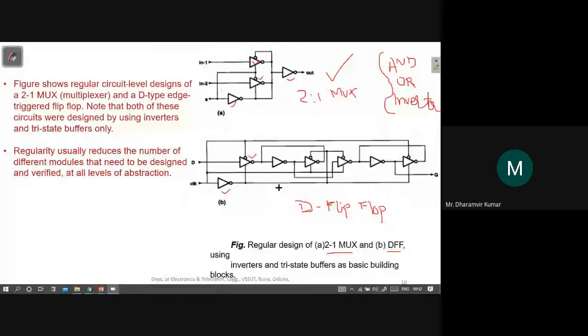So maybe it may be providing us an advantage in that sense. Also, if we are using an inverter here and this is a tri-state buffer, their functionality and design are, I will not say exactly identical to each other, but they are kind of similar.